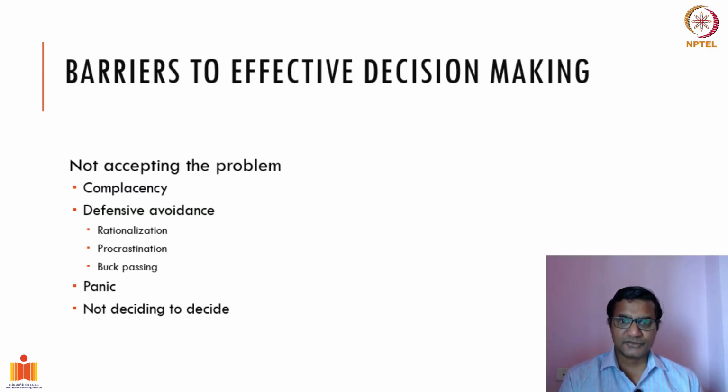There is a difference between avoiding taking a decision and not taking a decision. Avoiding decision making is when you postpone it. You understand there is a situation which will come later, so let's wait for that particular point in time. That is avoiding taking decisions.